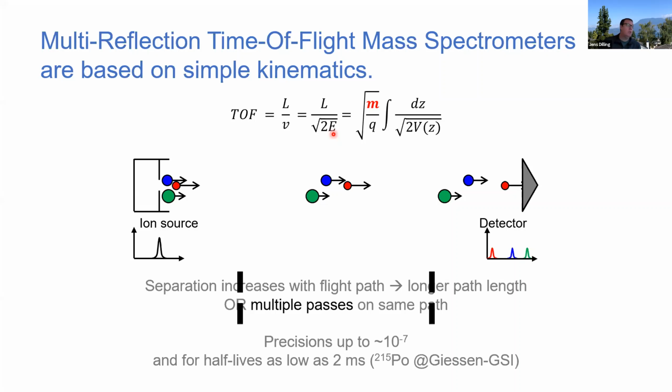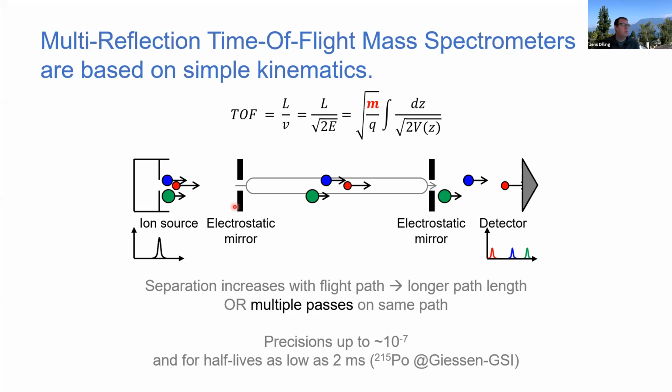So now we play a trick, and we put 2 electrostatic mirrors in between this flight path. Let the ions not just go through here, but let them bounce back and forth many, many times and increase the overall length that the ions have to fly. Your separation here will get larger, and you will get an increased precision of how you can resolve these ions that come from here.